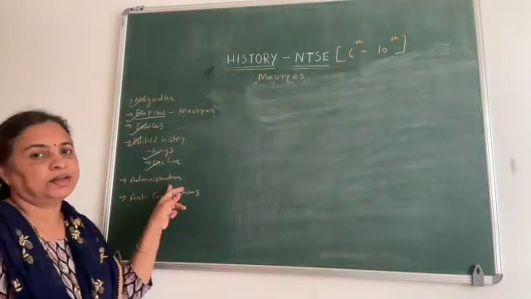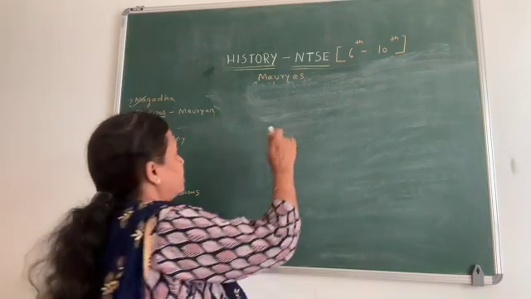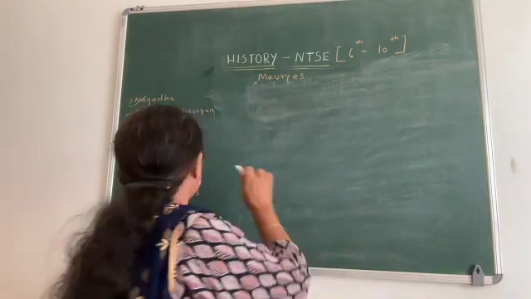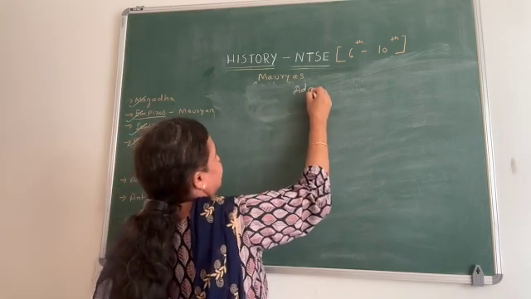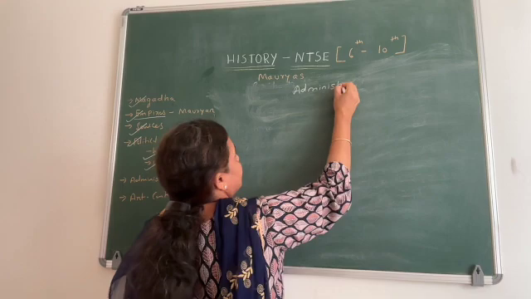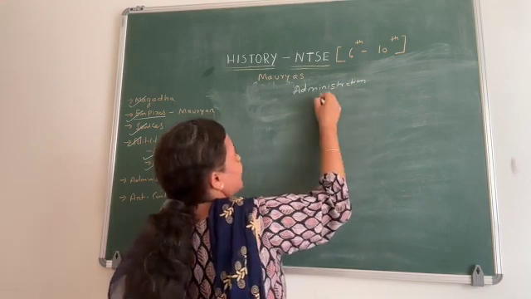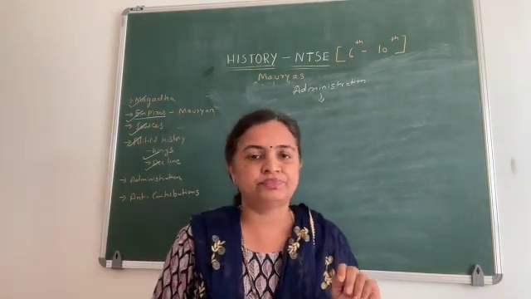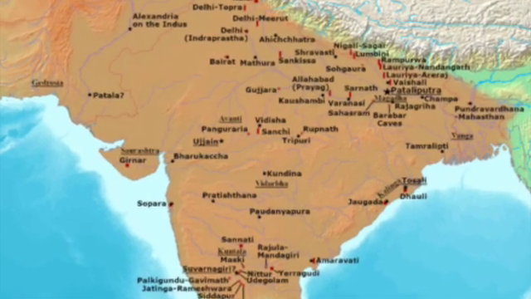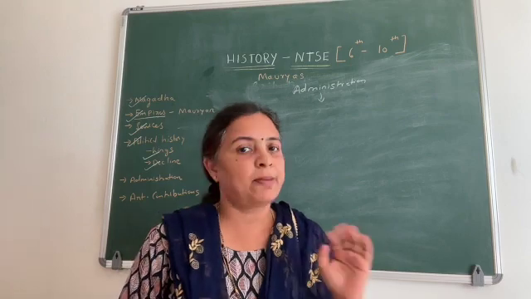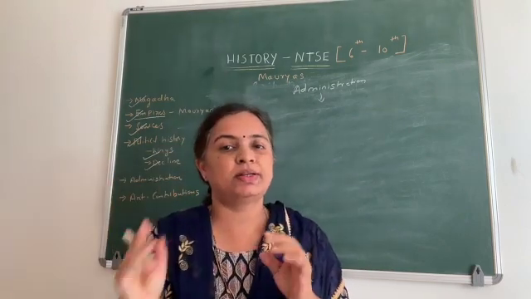Now let us take a look into the administration of this Mauryan Empire. Take a look at this map. So you saw in this map how big it is. The brown color portions were the Mauryan Empire.